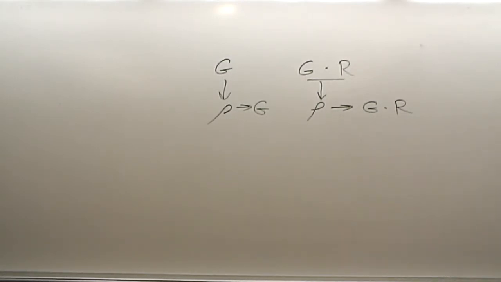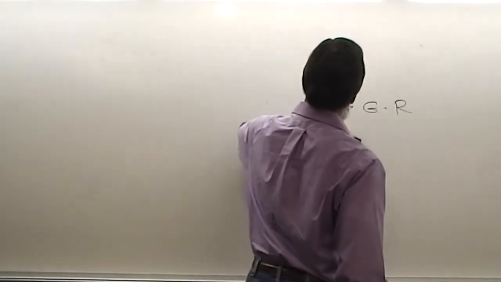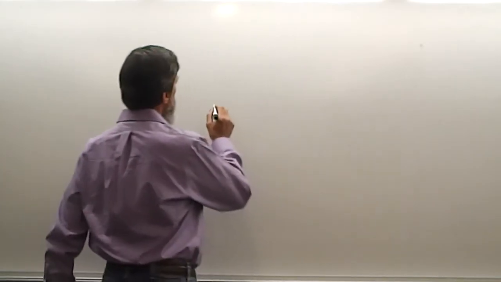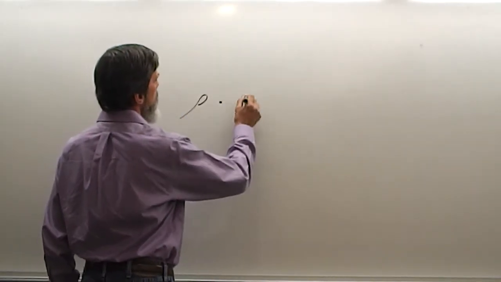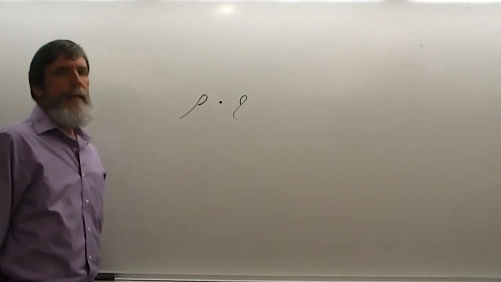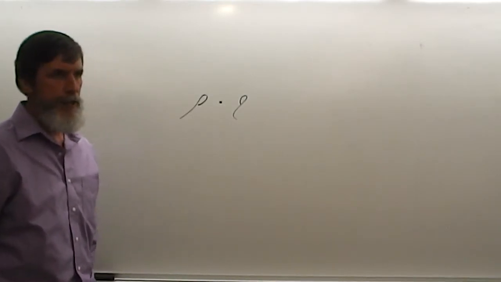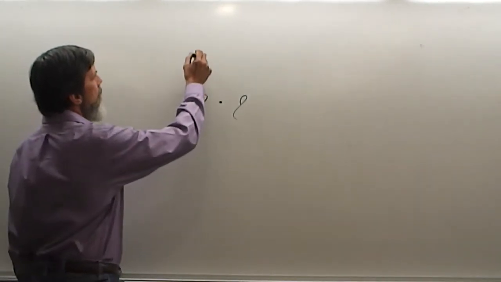Our simple statement variables also occur in compound statement forms. So we can substitute for the variables P and Q in the conjunction statement form.